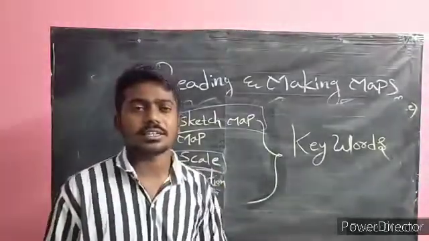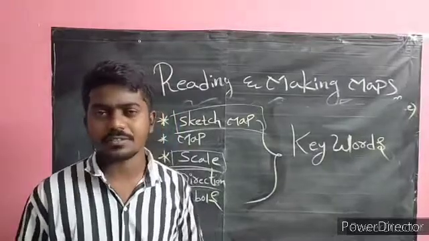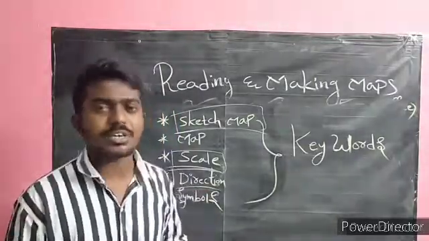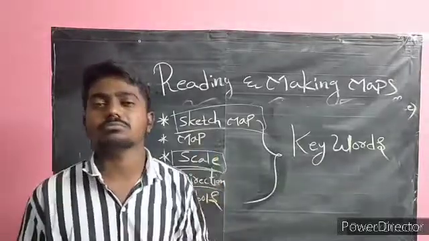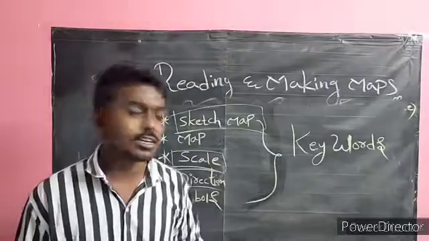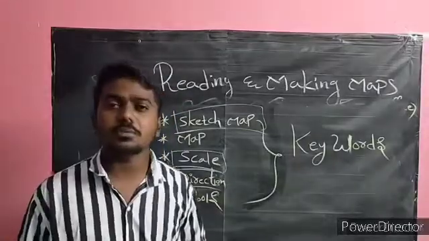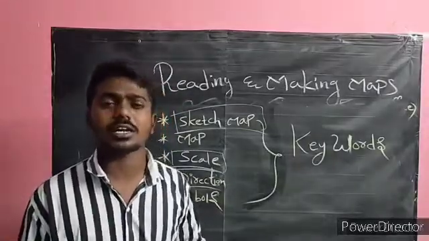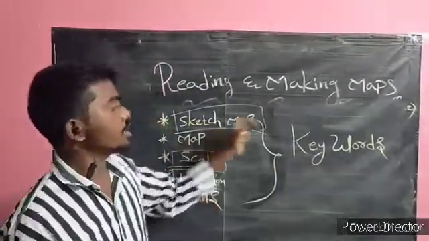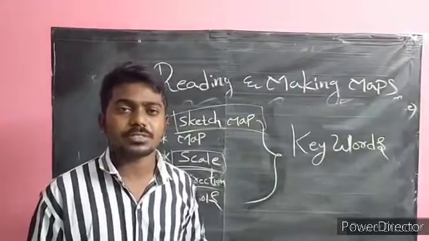Telangana is in which direction, Jammu Kashmir is in which direction, West Bengal is in which direction, Gujarat is in which direction. Try to see the map of our state and India map. Try to see the symbols. The common symbols are called conventional symbols. Try to gain some knowledge by seeing this in your maps.